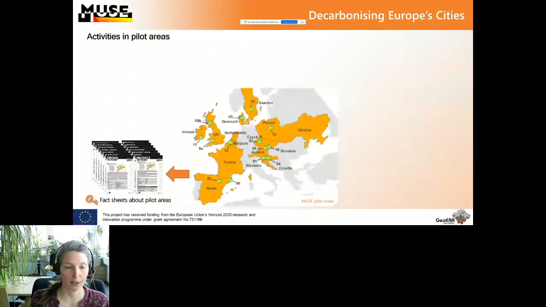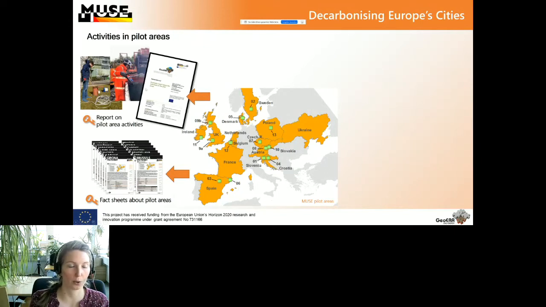In our participating countries, we also had some other activities. The pilot areas we selected are located in 14 cities, and they all have different socioeconomic settings and different climatic and geological conditions. You can find more information about the pilot areas in fact sheets, and then we also compiled all our activities.